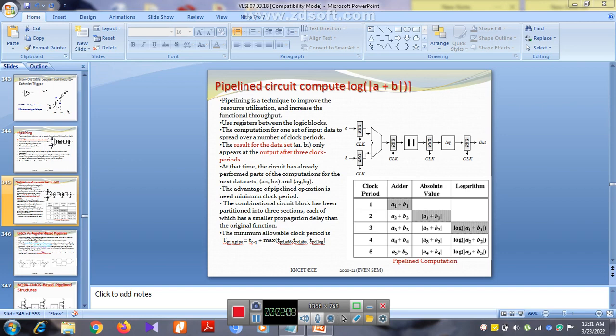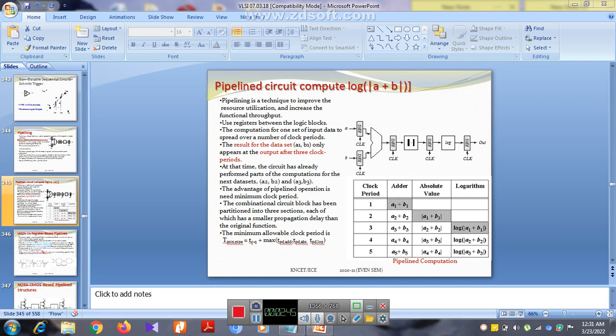The minimum allowable clock period is T min equal to T C-Q, the propagation delay, plus max of T PD add, T PD ABS, T PD log.